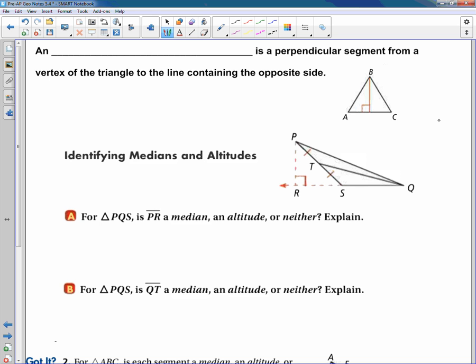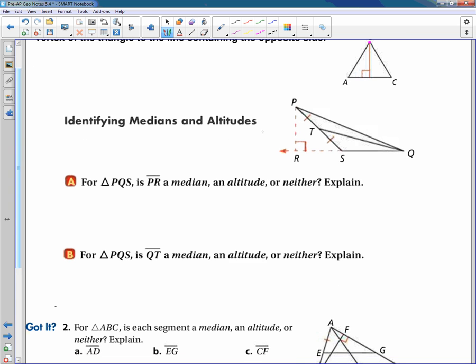Okay, an altitude is the second part of the section. And remember, an altitude starts with the vertex and then it is perpendicular to the opposite side. Remember that sometimes the altitudes are actually outside of the triangle. So we have to be careful when we're looking at them.